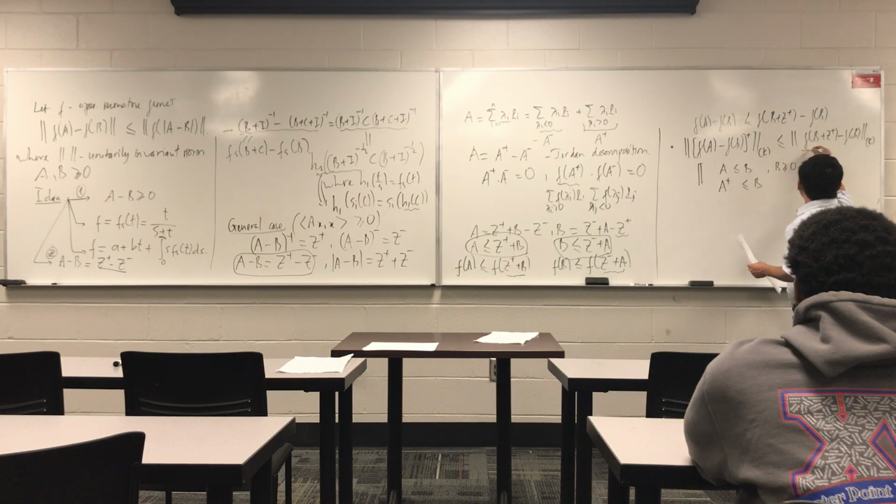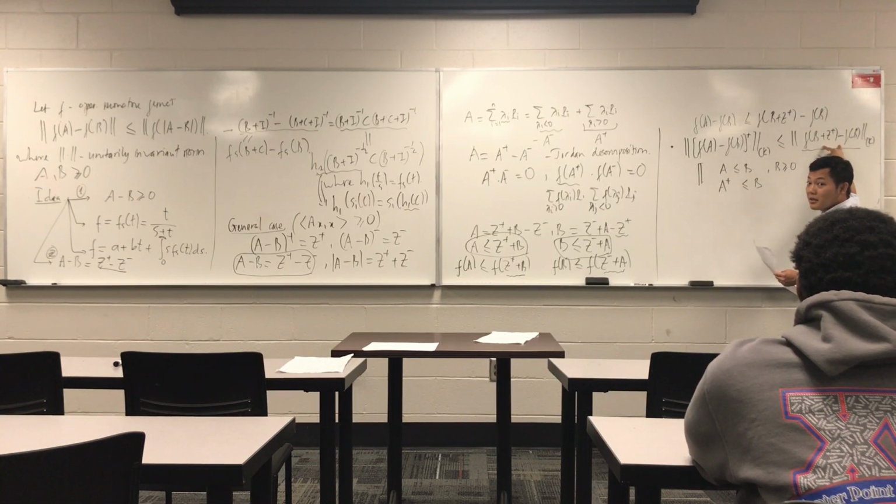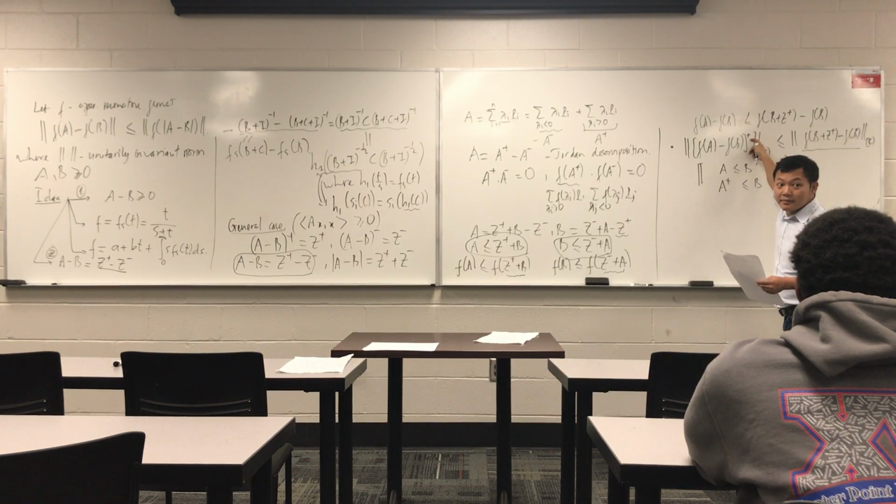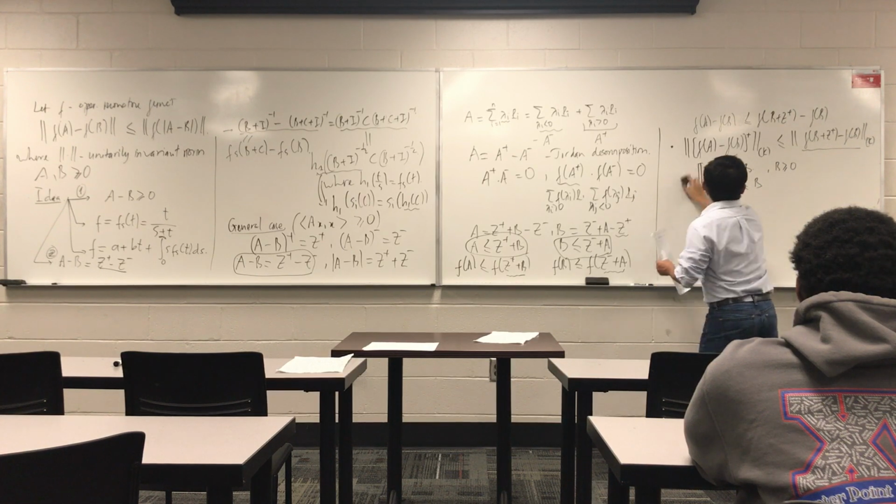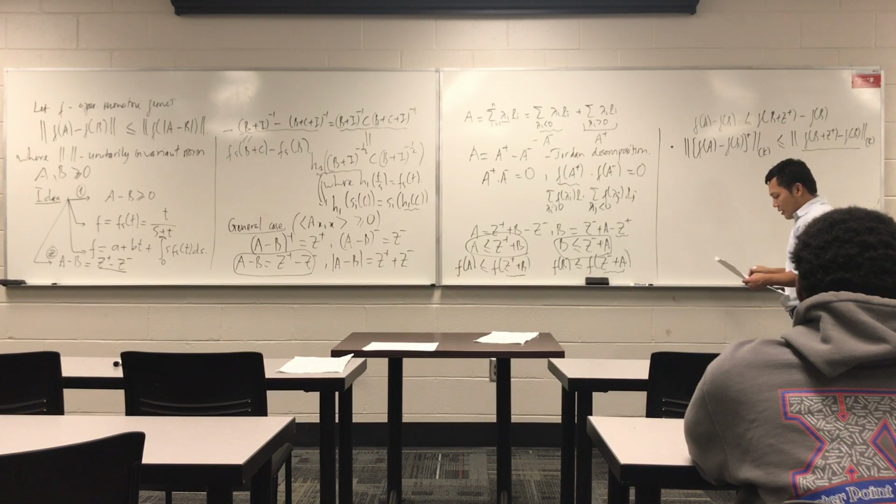The thing is, we don't need the positive part here, because this matrix is already positive. B plus Z plus is greater than B, and since f is operator monotone, this is already a positive semi-definite matrix. So we don't have plus in here, but here we need plus. Agree? Okay, next.